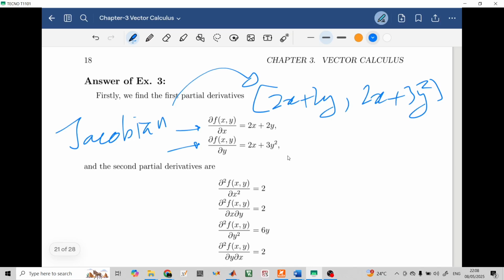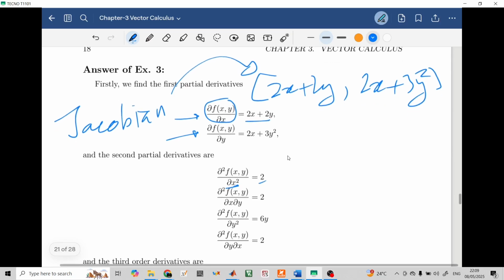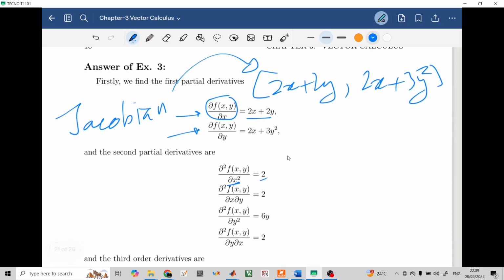So what we need to do, we need to take the derivative of f with respect to x twice, or we take the derivative of this one with respect to x, right? So if you take the derivative of this with respect to x, you get 2, right? Then we want to take the derivative of, let's say, this one with respect to x.